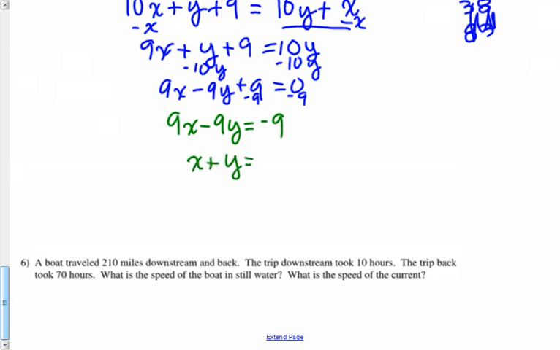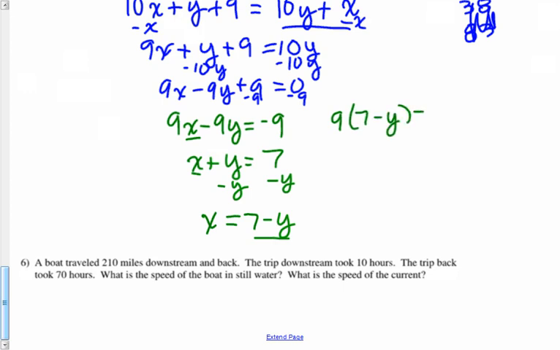So now we have to think of a way to solve that. And I think I'm going to use substitution here. I can easily solve this for x. x is equal to 7 minus y if I just subtract y from both sides. And I'm going to substitute that in for x then in this equation. All right, so I'm going to do 9 times the quantity 7 minus y minus 9y equal to negative 9.